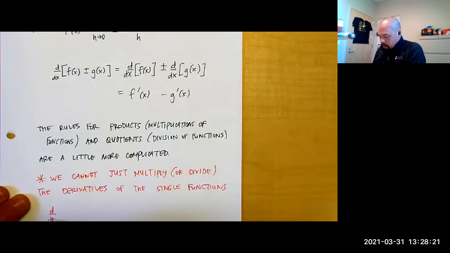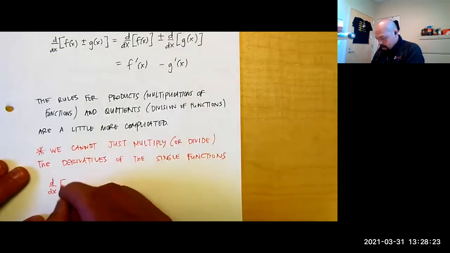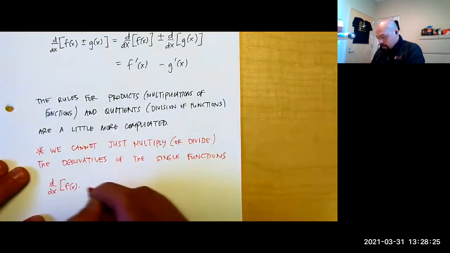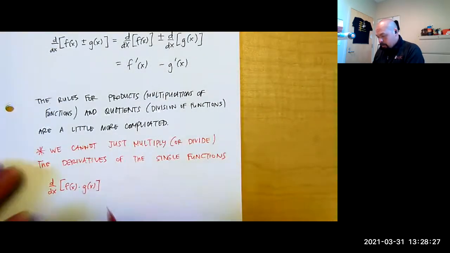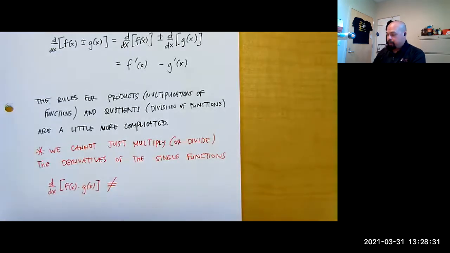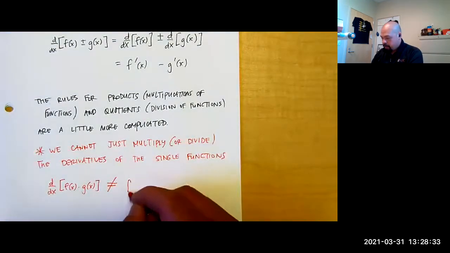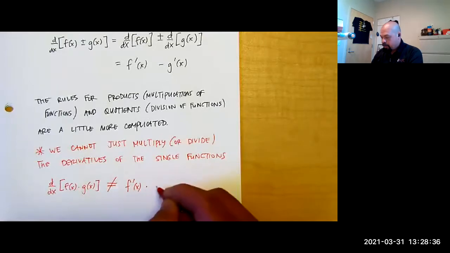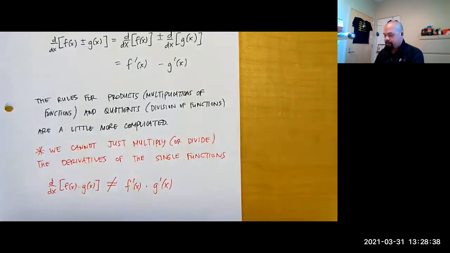That is, when I take the derivative of the product between two functions, that's not equal to simply taking their derivatives and multiplying those together, right? This doesn't work, okay?